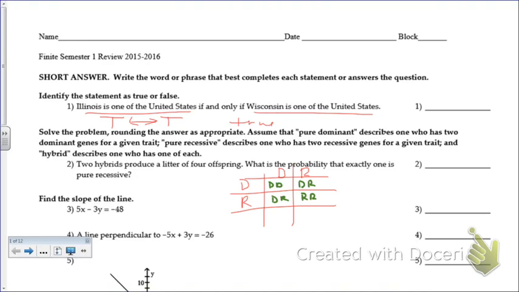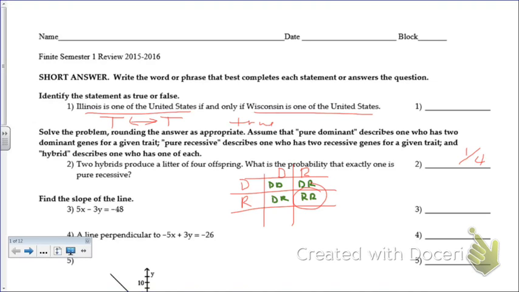The probability that there is exactly one pure recessive, well, out of the 4 possibilities, there's only one that is pure. So let's back that up. Pure recessive, not pure dominant, is 1 out of 4, because there's 4 options altogether.